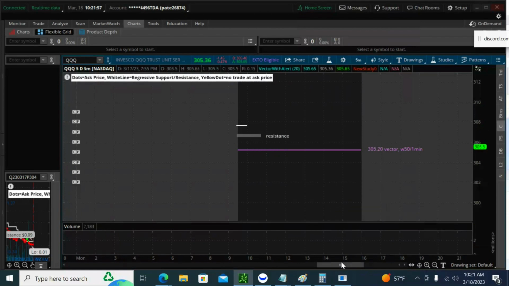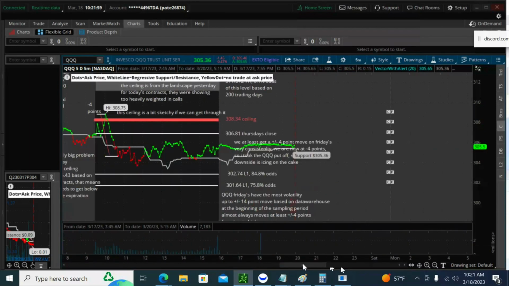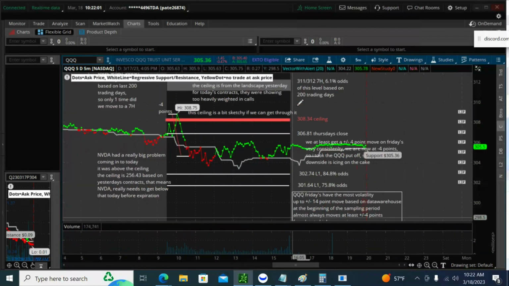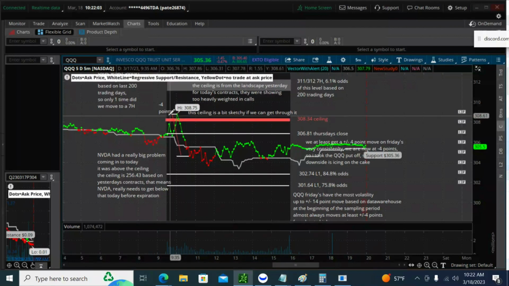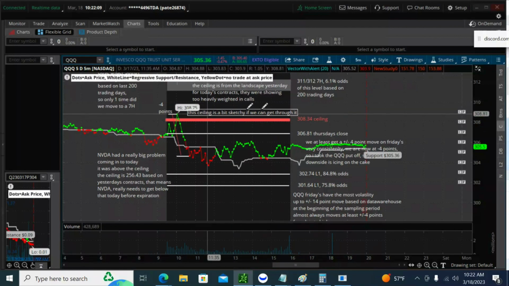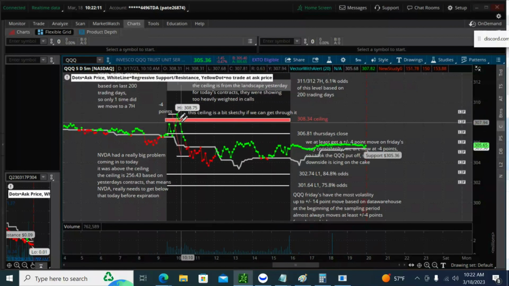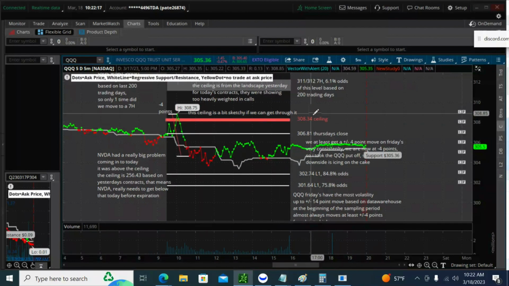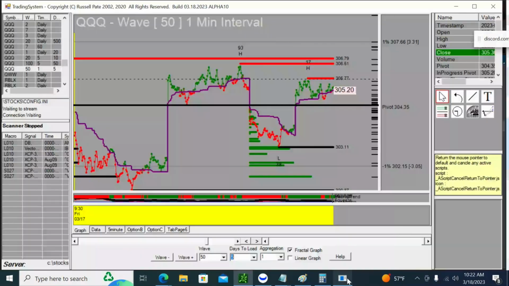Okay, so now we'll go back to Friday. See my red line? I had that as a ceiling. I kind of did a bad verbiage here, but I said the ceiling's a bit sketchy if we can get through it. What I was trying to say was, I don't think we're going to be able to get through it, and the reason was what's above that ceiling.